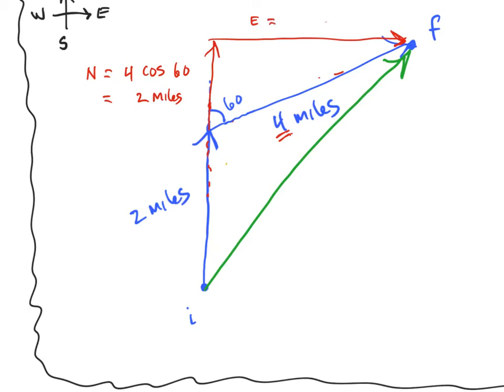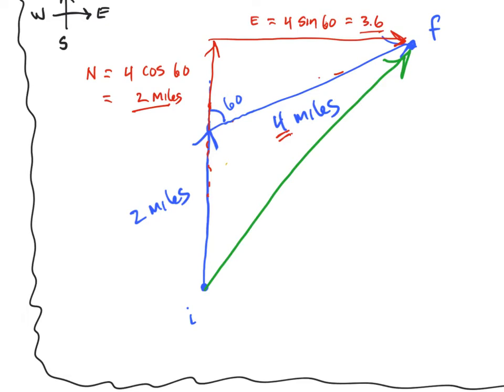E equals 4 sine 60 degrees, which is something like 3.6-ish. So now I've got the components, 2 and 3.6. And you might wonder why I've done that. What's the advantage of doing that?